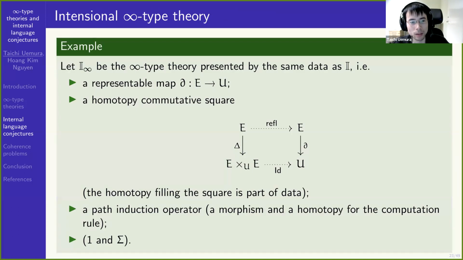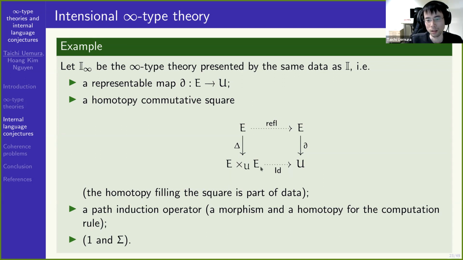Okay, so let me give an example, the motivating example. We consider an infinity version of the intensional type theory. We can define an infinity type theory I infinity presented by the same data as I. That is, it is generated by, first of all, a representable map and intensional identity types, but in this case the identity type structure is a homotopy commutative square.